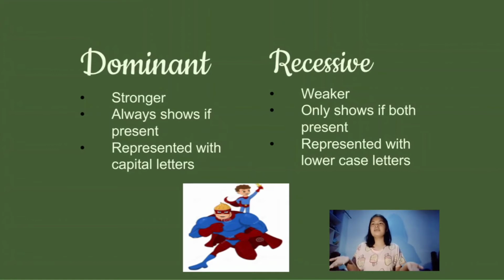Think of it like superheroes and their sidekicks. The hero or the dominant is stronger, and the sidekick or the recessive is weaker. But they are both relevant. The dominant always shows if present and is represented with capital letters, while the recessive only shows if both are present and is represented with lowercase letters.